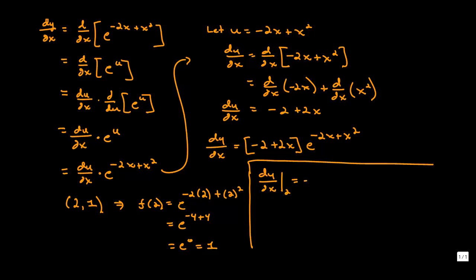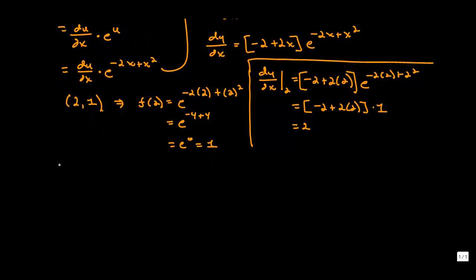So that's going to be negative 2 plus 2 times 2, that guy, times e to the negative 2 times 2 plus 2 squared. Well, we already know that this guy right here is equal to 1. So this is just going to be negative 2 plus 2 times 2 times 1. And so our slope is going to be 4 plus negative 2, which is 2.